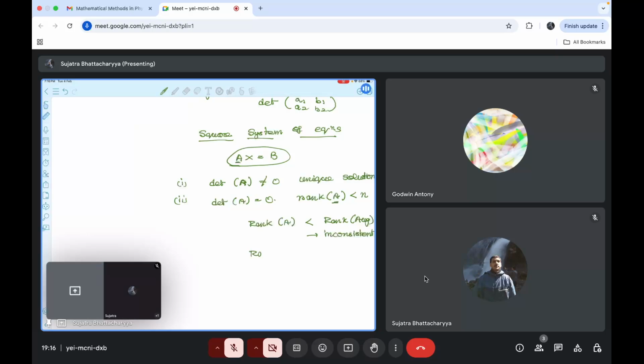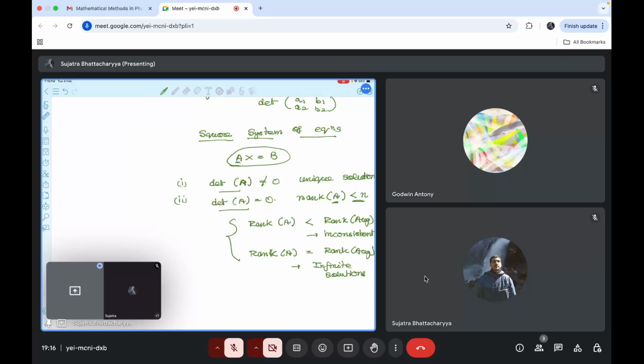And again, the rank of A, these are known things, is equal to the rank of the augmented matrix, and we have already proved that it is less than N, then it is having infinite solutions. All right. So these things are known. The only thing is how we can generalize it using determinant.